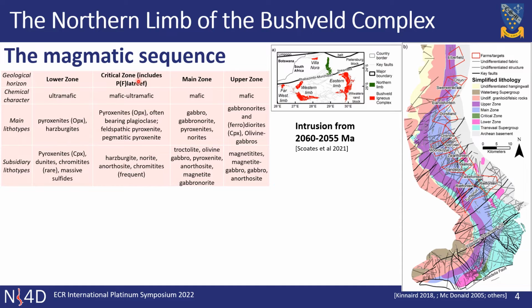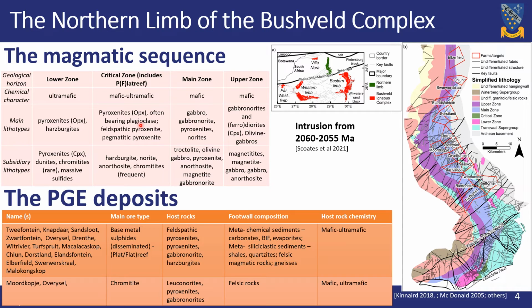Most importantly, the critical zone hosts substantial PGE deposits. And the PGE deposits vary across the northern limb as two main types, so to speak. I won't really go into the details now because that's far from the scope of this talk, but deposits across different farms are mostly divided into base metal sulfides that are in general disseminated.